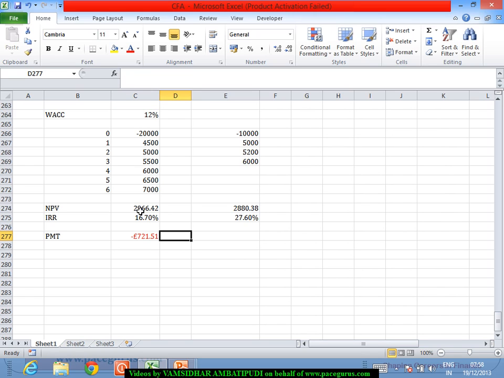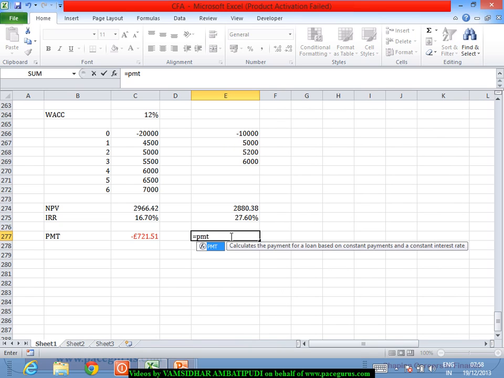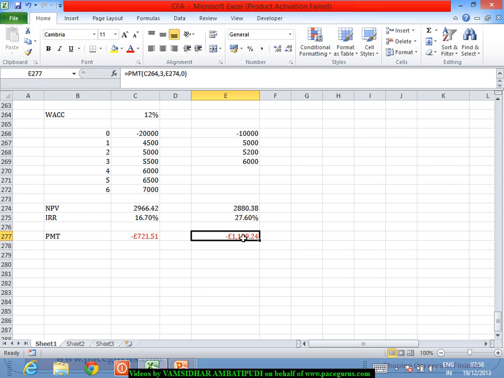In this case, for the present value of 2,900, the annual value equivalent is 720 bucks, whereas in the other case, which has a life of only 3 years, the annual value equivalent is going to be around 1199.